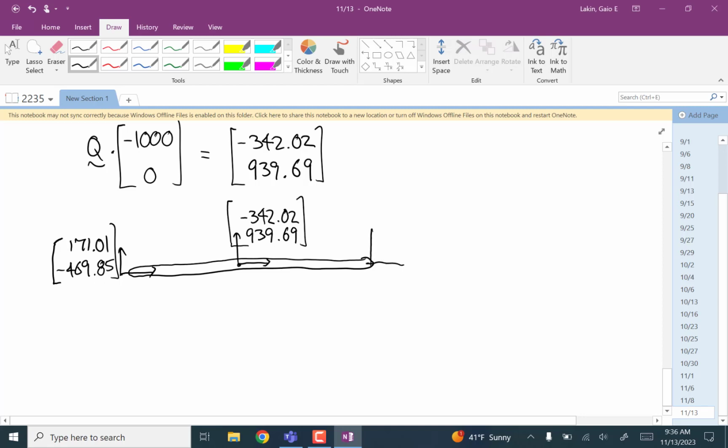And then at the end point, the one that you're right is not going to come up in the internal loads is 171.01, negative 469.85.